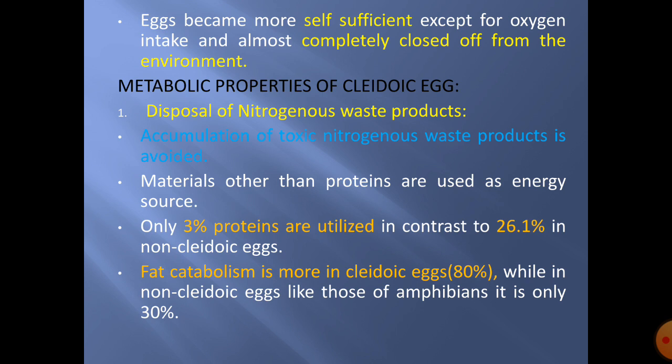They are dependent on fat reserves for their energy requirements more than proteins. 80% dependency is on fat, whereas in non-cleidoic eggs, like those of amphibians, only 30% dependency on fats is observed. So, proteins are avoided and fats are utilized to meet the energy requirements.